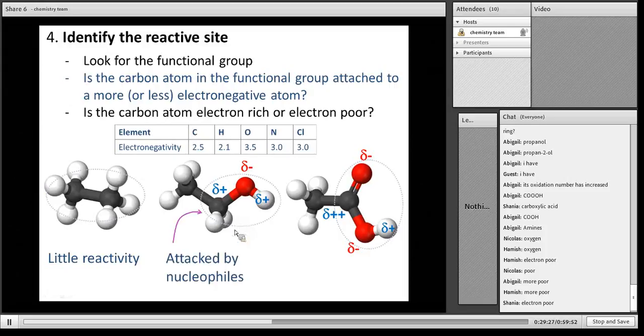Now, don't be put off by this long word. It's just make it electron rich. A nucleophile, phile means love. So nucleo is nucleus. Nucleus is positive. So nucleophile means positive loving. It's like hydrophilic and hydrophobic is whether it loves water or hates water.